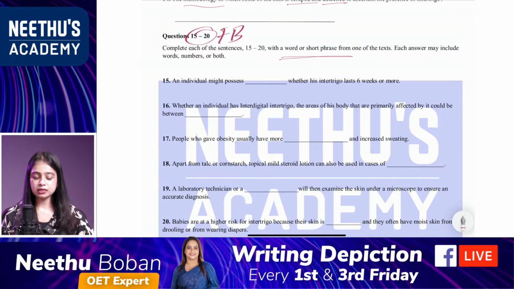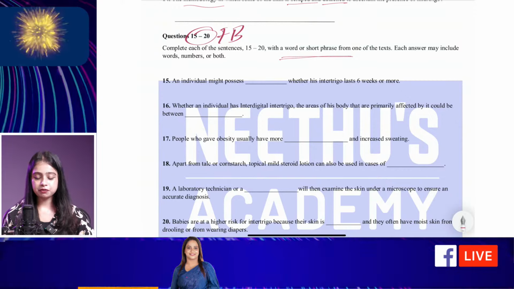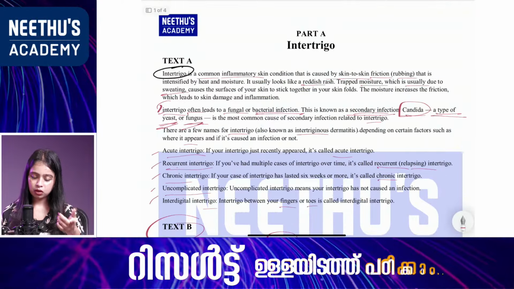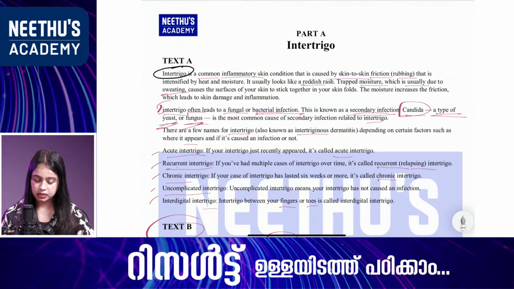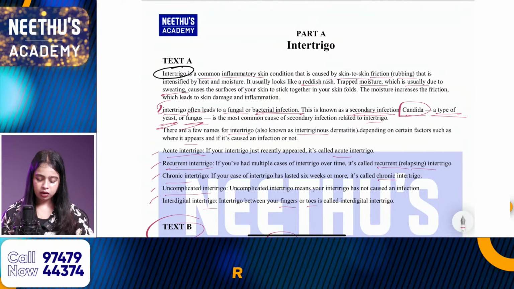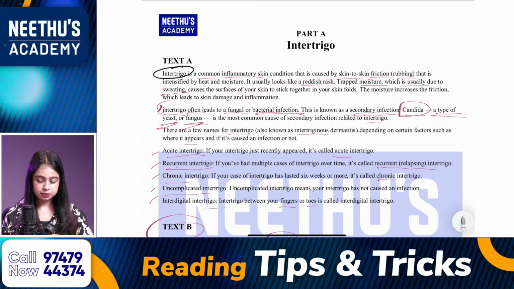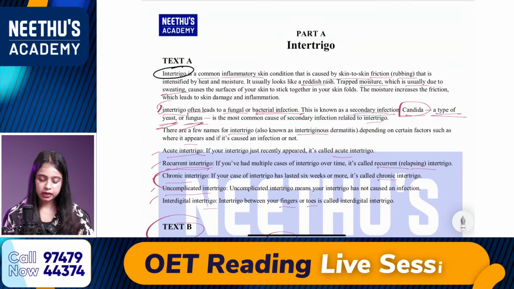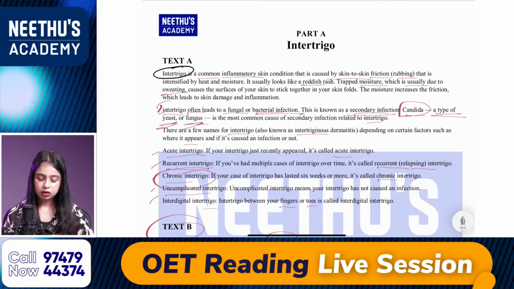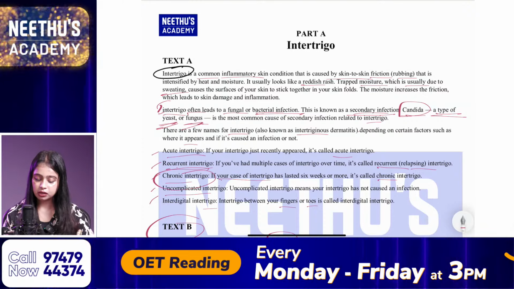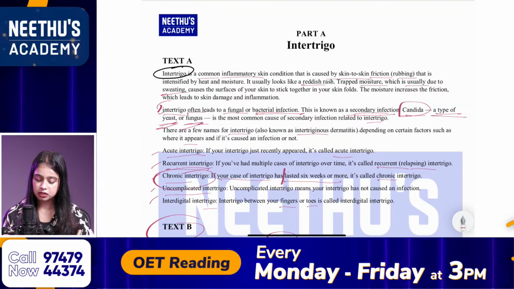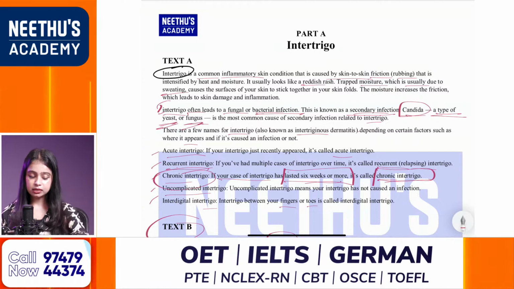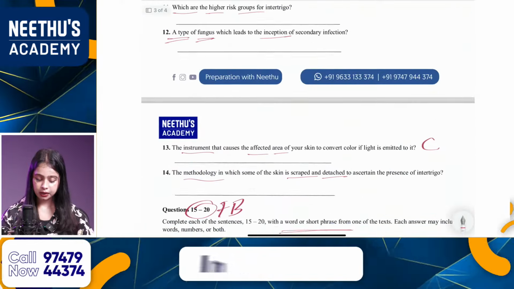Very good, Libby, it is chronic intertrigo. If your case of intertrigo has lasted 6 weeks or more, that's called chronic intertrigo. So answer is chronic intertrigo from text A.